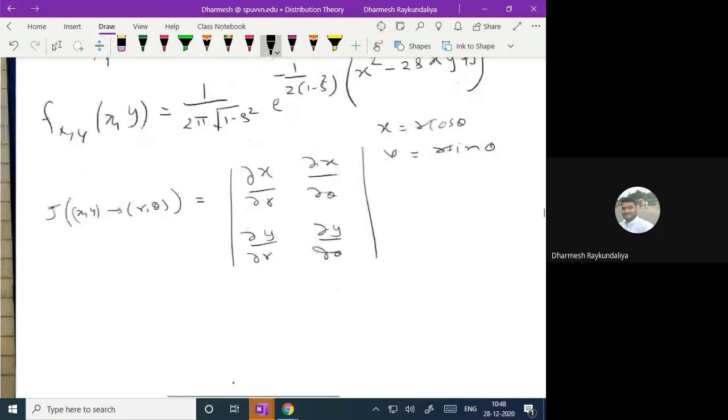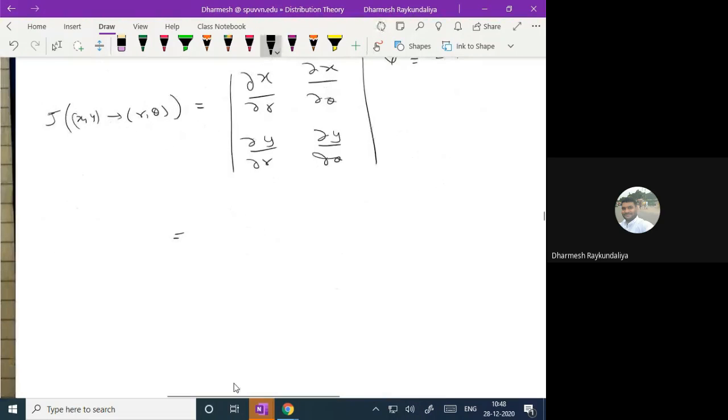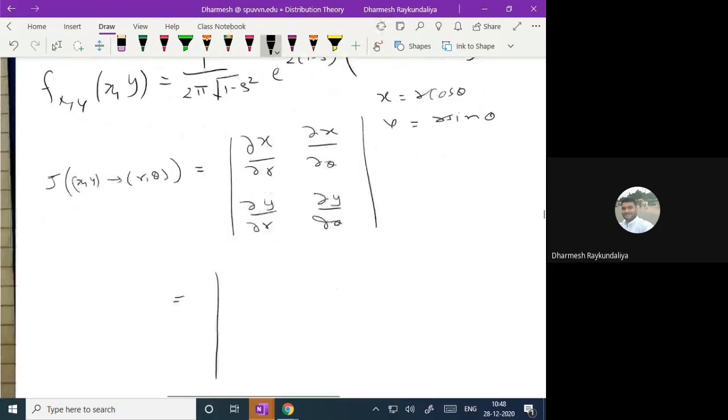Now you can find the Jacobian. The derivative of x with respect to r: cos theta is constant and the derivative of r is 1, so it is cos theta.